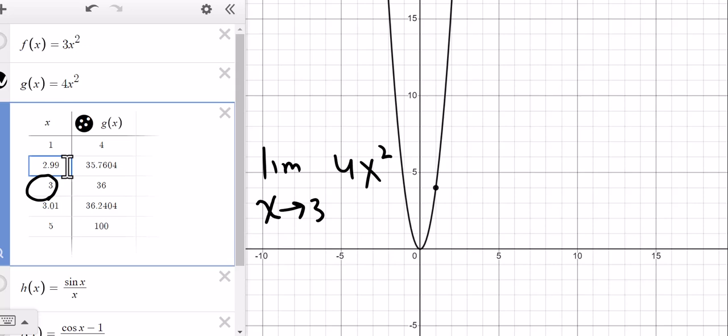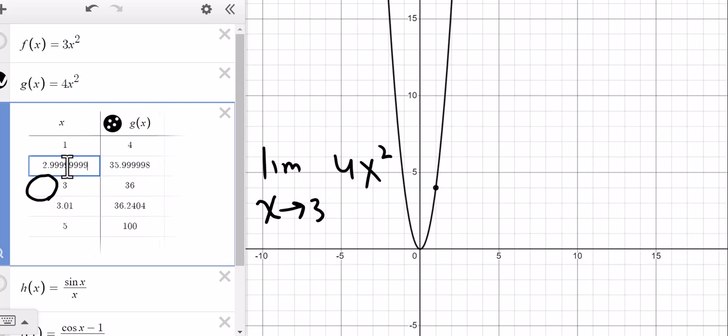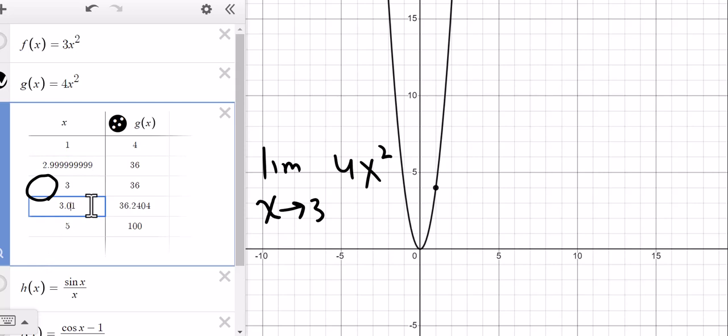It's like with Archimedes and the shapes, the polygons. As we add more sides, we're closing the gap. By doing that, I could add more numbers, and all of a sudden, I could even trick the Desmos calculator to tell me it's actually 36.